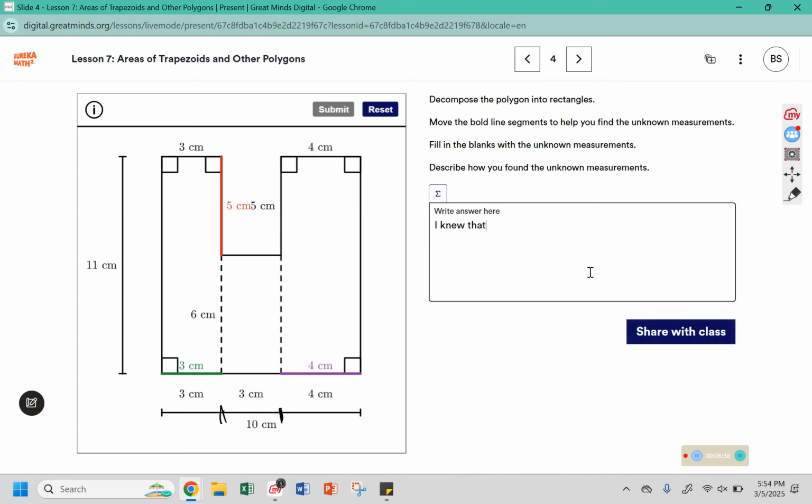I knew that the vertical or up and down side length had a total of 11. The 5 centimeter piece plus the 6 centimeter piece must equal 11.